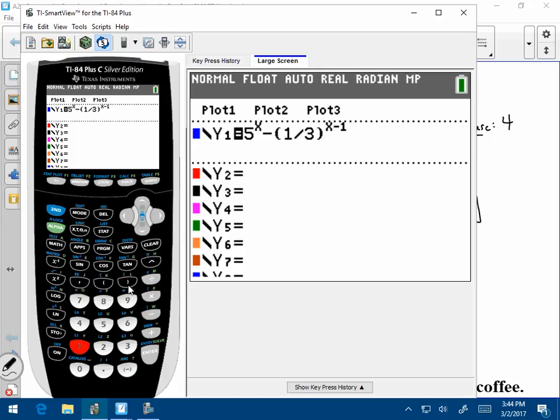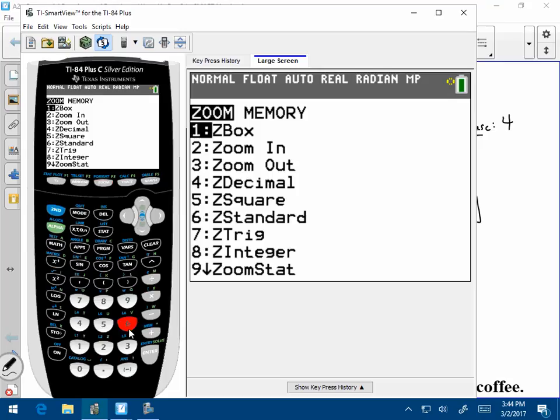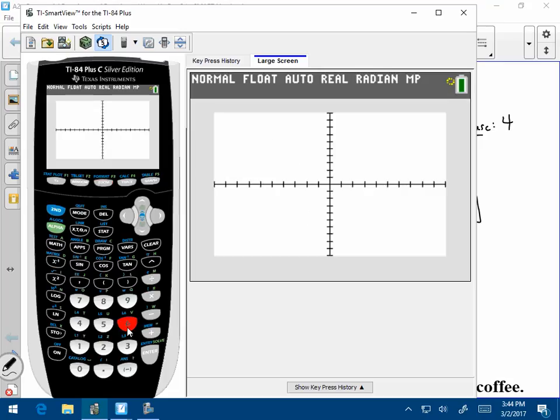And in y2, we want to put 0. I'm going to go zoom standard, and you're going to see that first some kind of weird looking graph is going to come through eventually. There it is. And then y2 equals 0. It's going to come through right there.